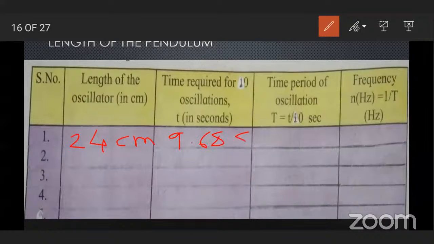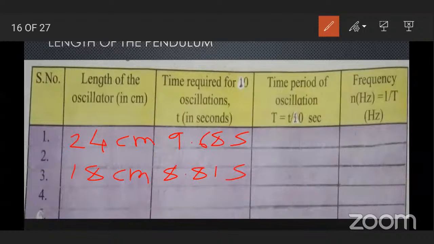Second time, what is the length of the oscillator? 18 centimeter. And what is the time required for 10 oscillations? 8.81 seconds.